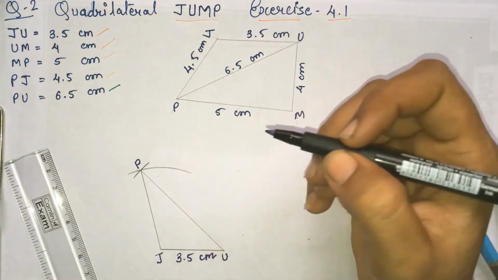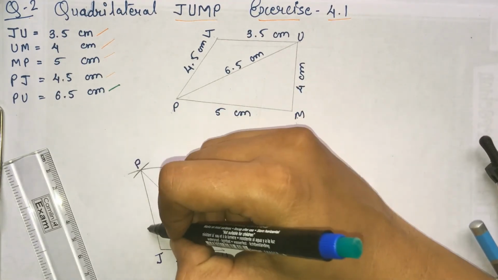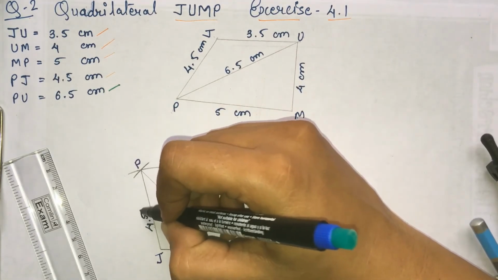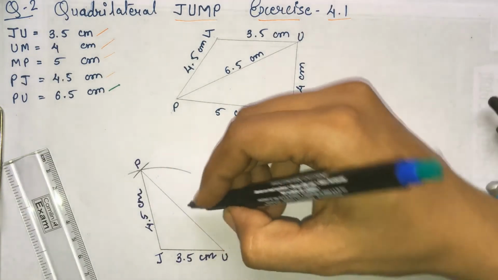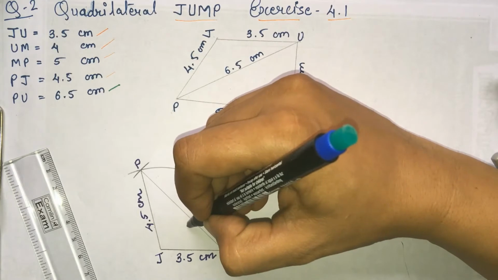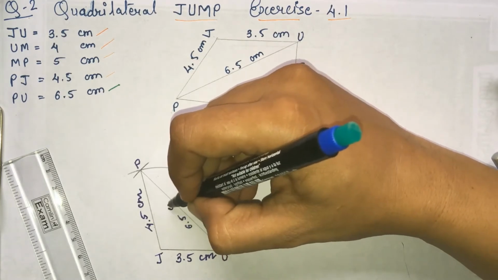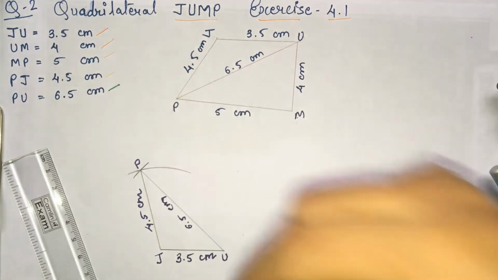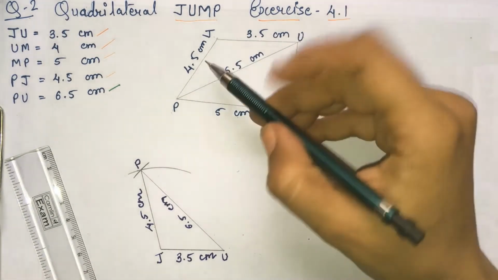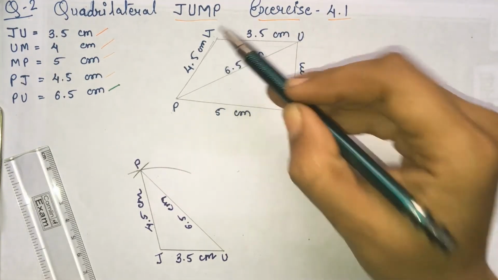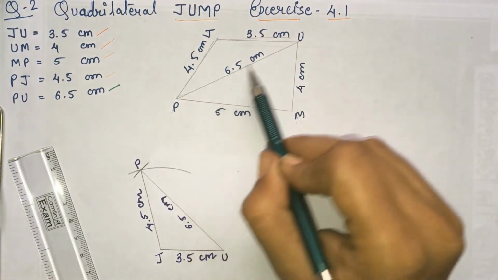This JP is 4.5 centimeter and UP is 6.5 centimeter. So now you can see we are done with this triangle. This triangle we have completed.